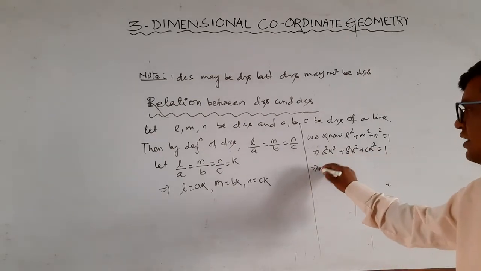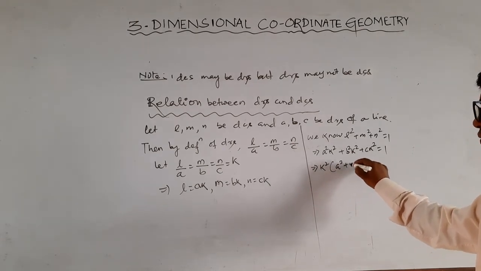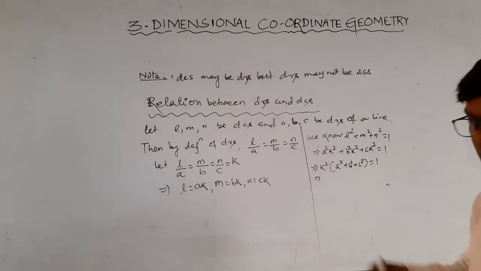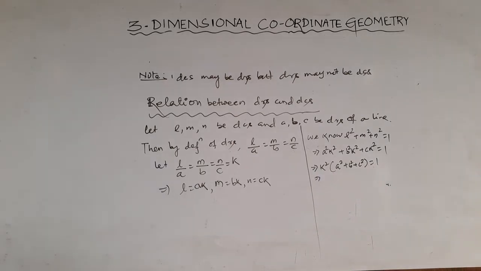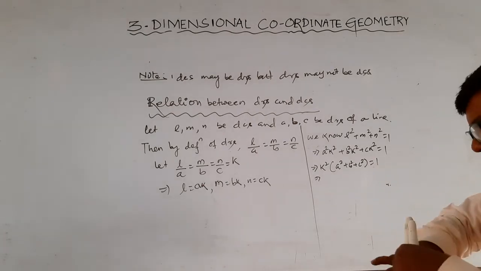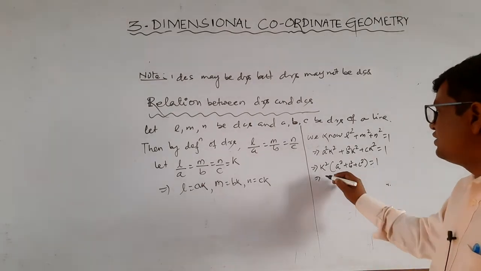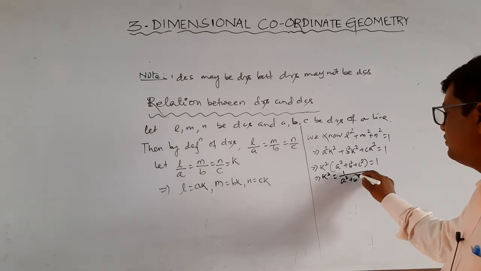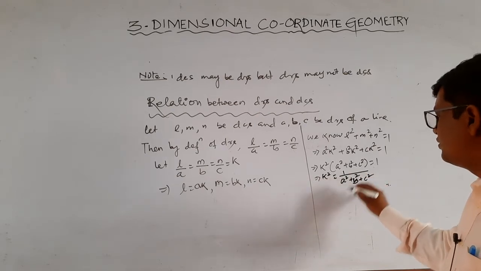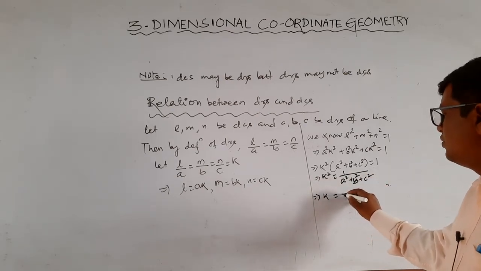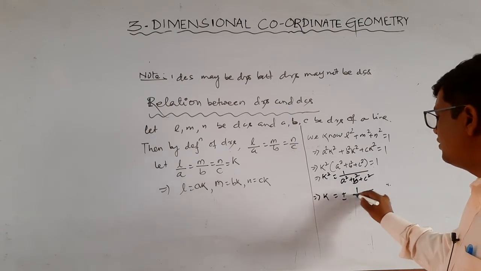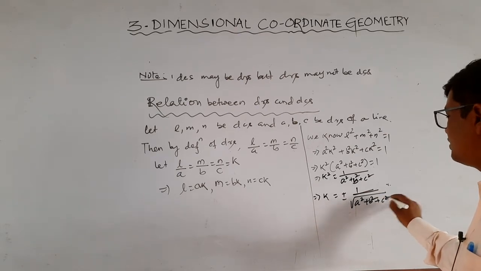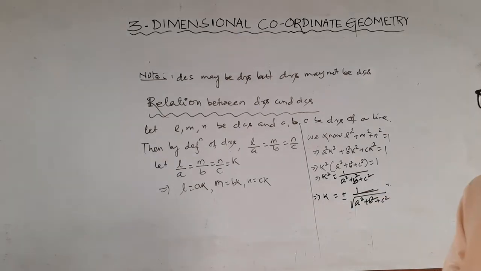Taking common k square, a square plus b square plus c square, so k square is equal to 1 by a square plus b square plus c square. Now k is equal to plus or minus 1 by root over a square plus b square plus c square.